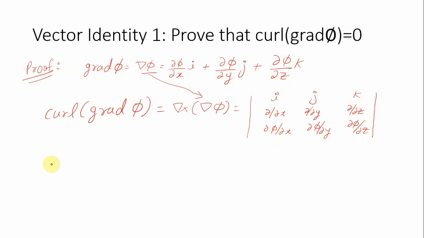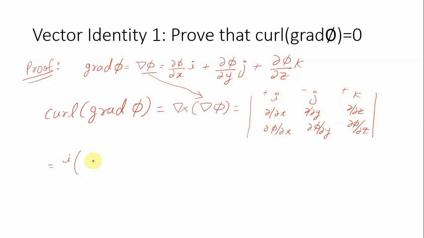One by one we are going to simplify this. So here we can see this is equal to i. Yes, please remember the determinant formula. If you don't know the determinant formula, please go to the previous lecture. There I have discussed the determinant formula also. So first I will take i. Please leave this row and column.